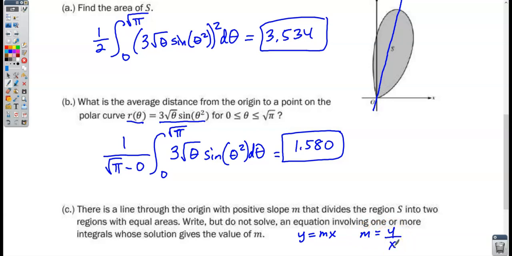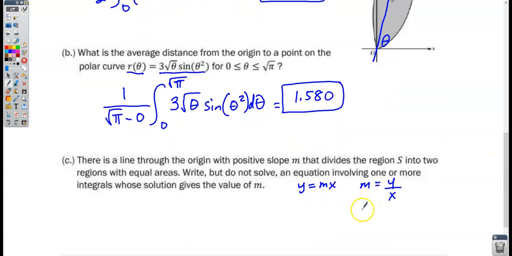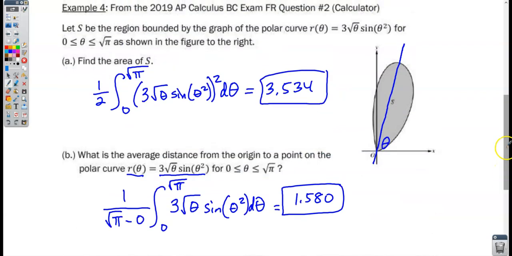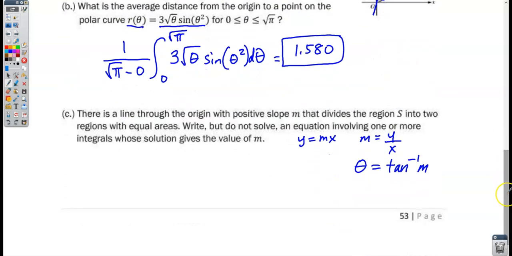And y divided by x represents the tangent of this angle. And so the angle here that this line cuts through is the arctangent of the slope. All right, so that's the angle theta. Now, why is that important? Well, that's going to be the upper limit of integration of our integral for our first region.